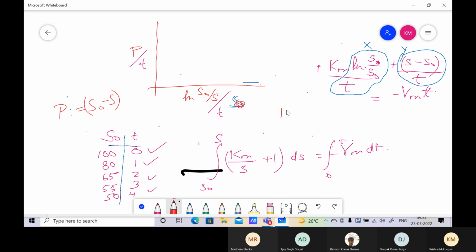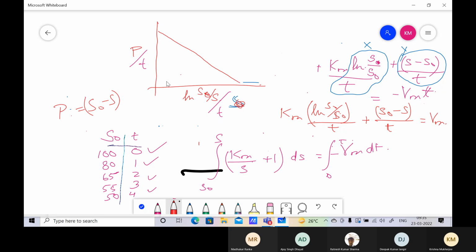So we have Km and we can make this as s naught minus s ln s naught by s, by t, plus s naught minus s by t is equal to Vmax. So what is the slope? Minus Km. So how will this line look?